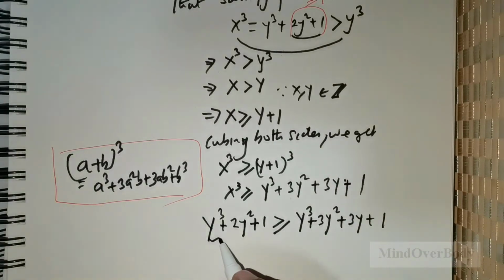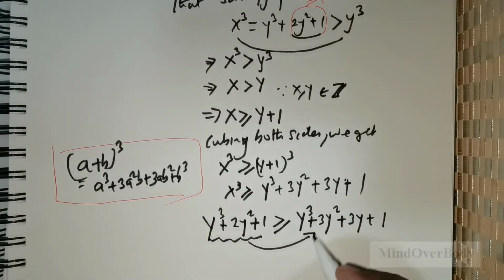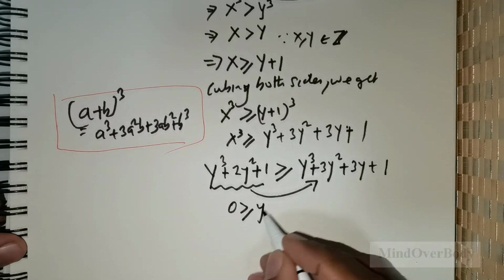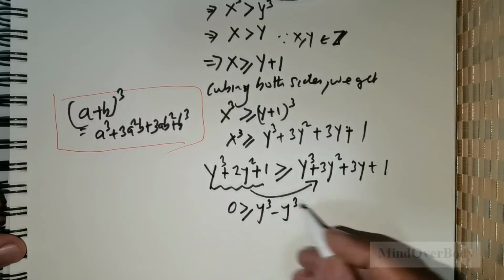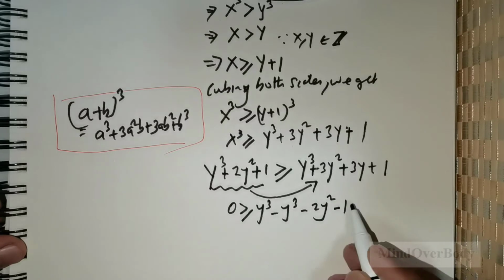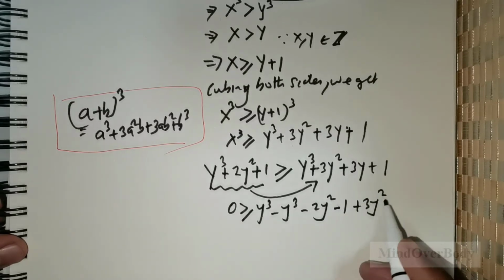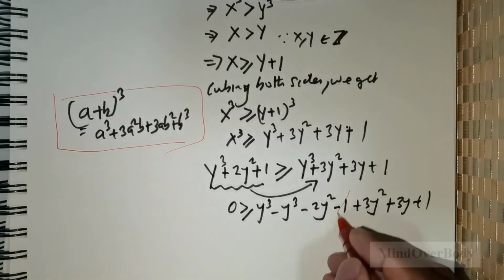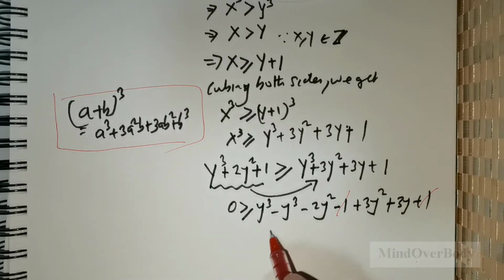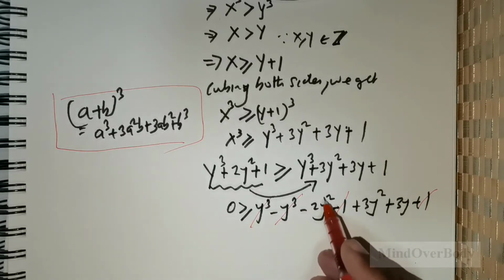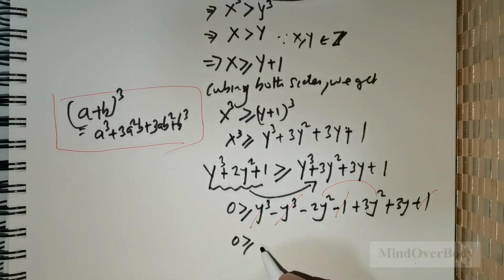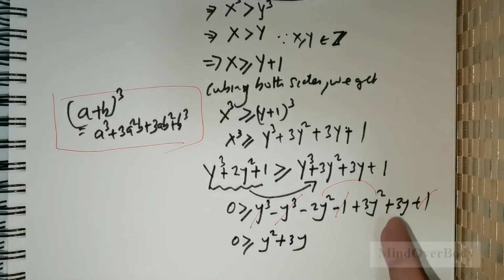If I move all of these quantities to the right, then 0 is greater than or equal to y cubed minus y cubed minus 2y squared minus 1 plus 3y squared plus 3y plus 1. Clearly, minus 1 plus 1 cancel, y cubed minus y cubed cancel, and minus 2y squared added with 3y squared gives y squared plus 3y.